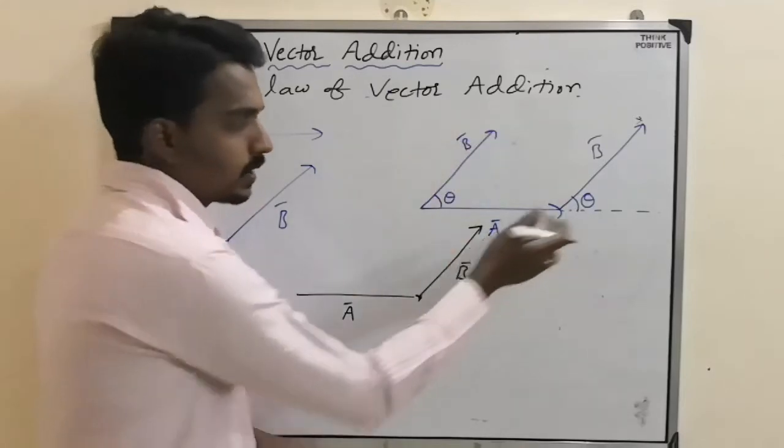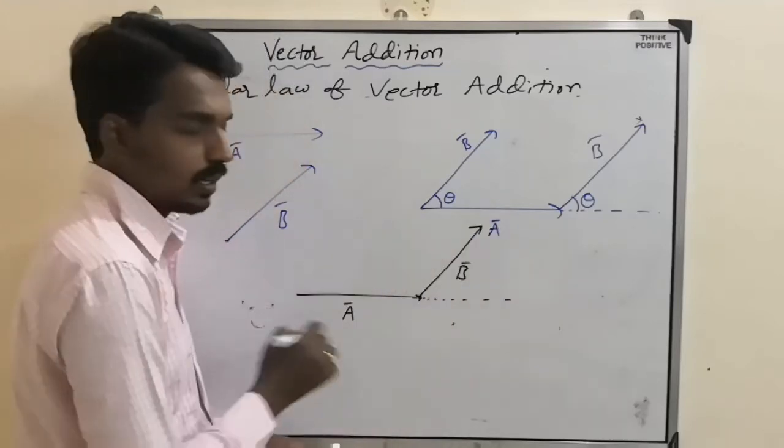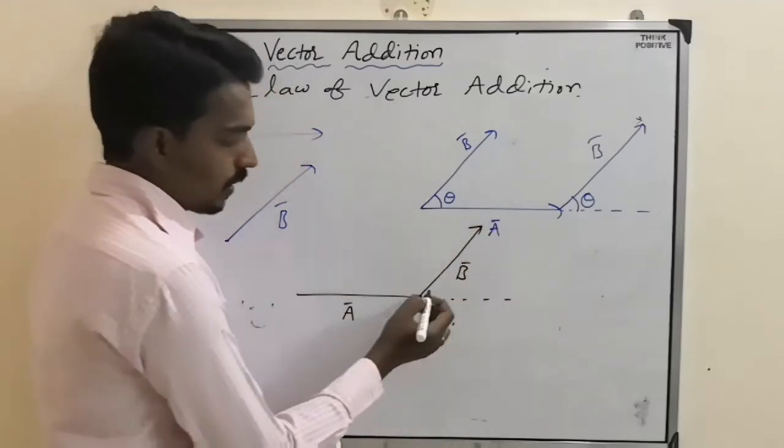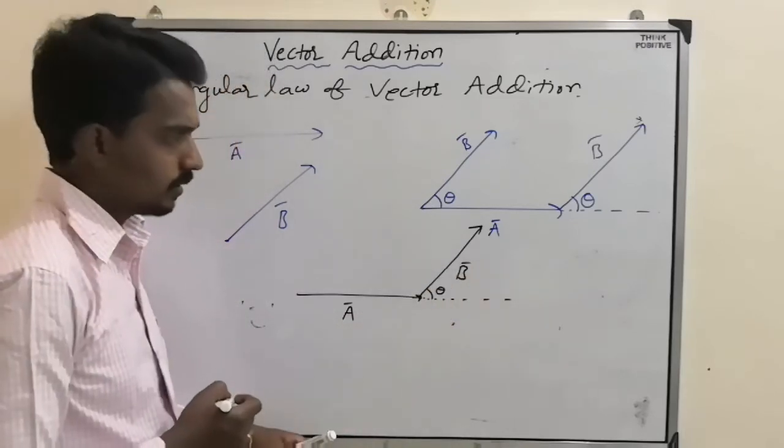Like here I explained. Then this is the direction of A bar, this is the direction of B bar, and this is the angle between A bar and B bar.